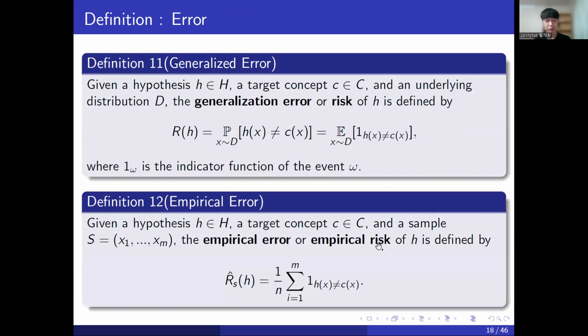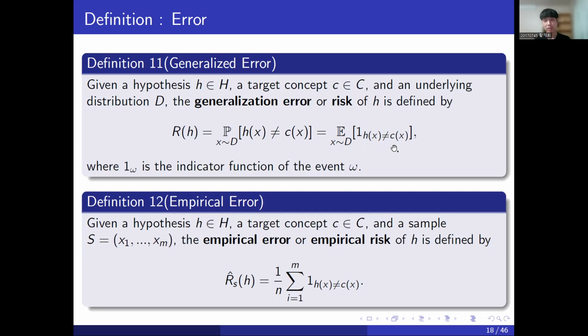So I suggest new definitions. I introduce a lot of definitions. I suggest how to measure the error terms between h and c. First, we look at the generalization error, which is widely used after these slides. Given a hypothesis h in H, target concept c in C, and an underlying distribution D, the generalization error or risk of h is defined by R(h), and this is equal to this, which can be written as the expectation of this.